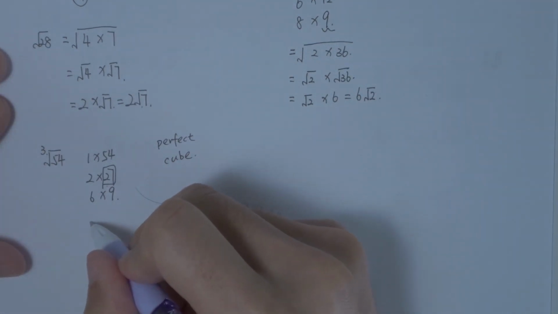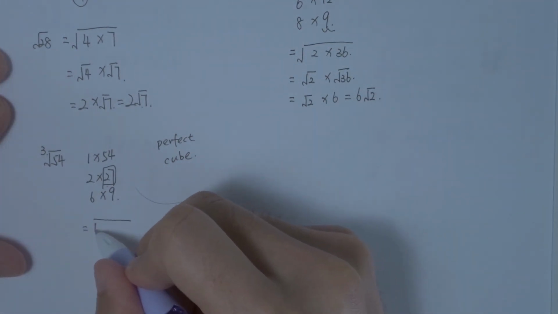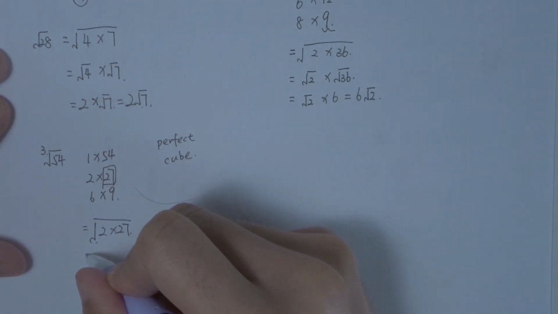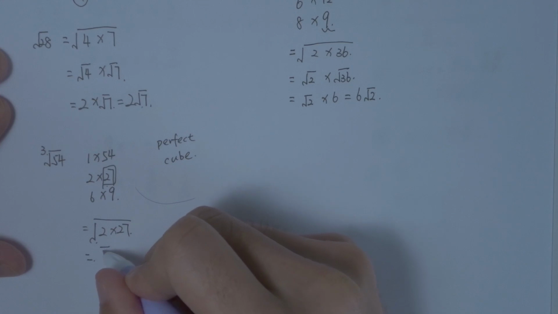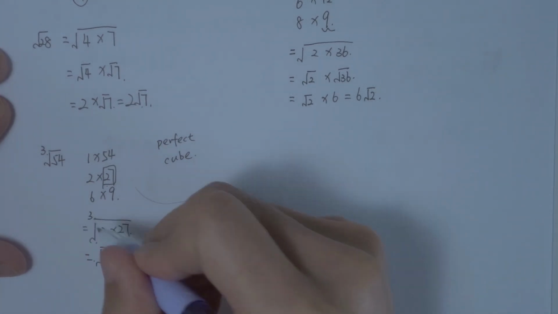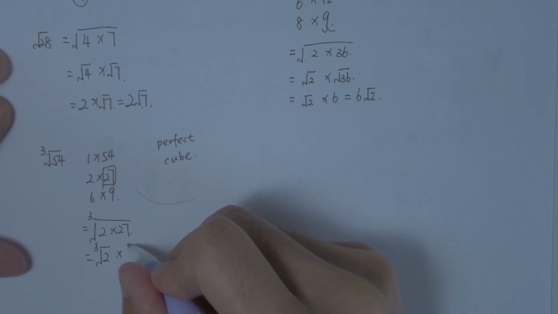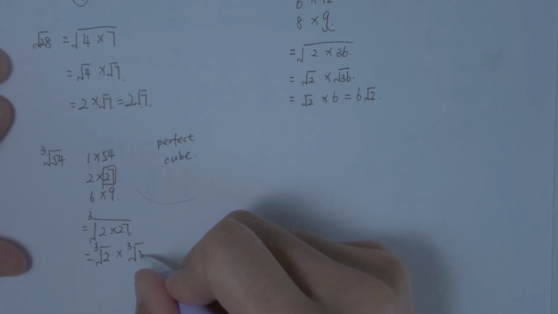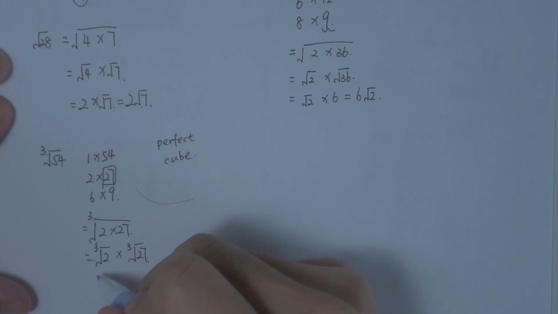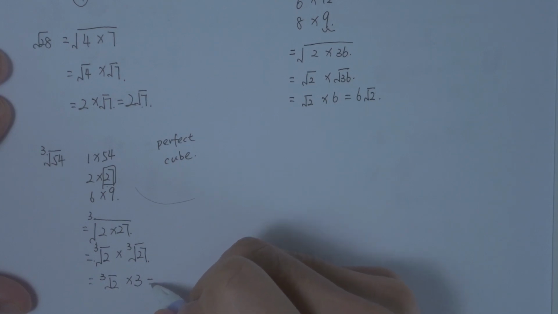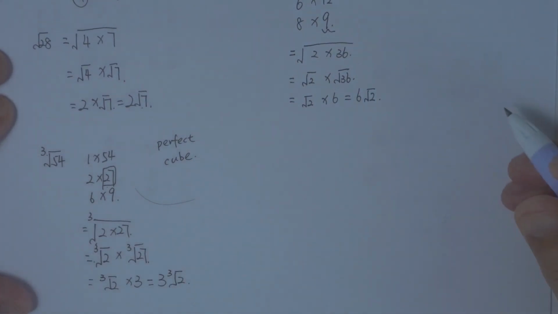Then we can rewrite it as 2 times 27, which equals the cube root of 2 times the cube root of 27, which equals cube root 2 times 3, equals 3 cube root 2.